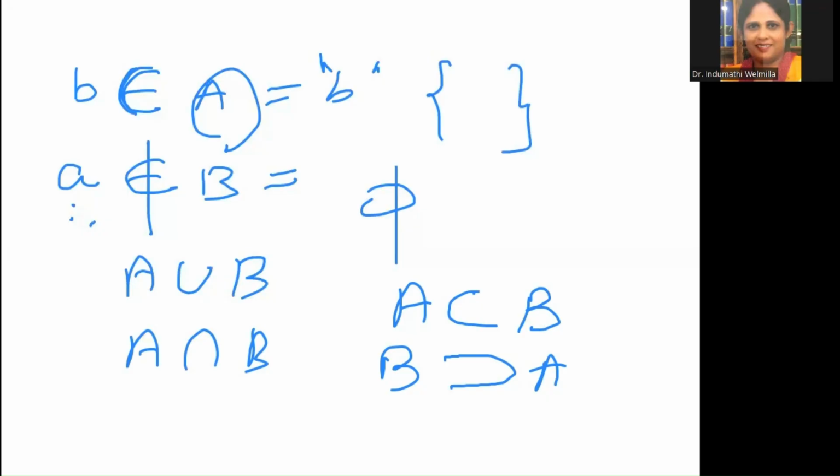We can discuss it, supposing we have three sets A, B, and C. Then based on that, we can discuss the properties of these sets.